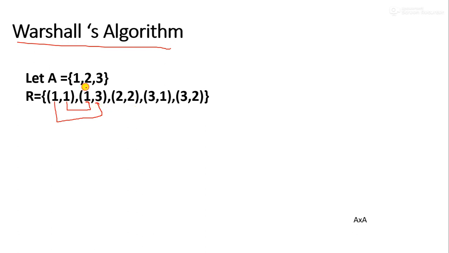So we have 1 and 3 here. In the other relation, 2 is common, so we must have 1 and 2. But here we don't have 1 and 2, therefore this relation is not a transitive relation. So we can identify this relation is not transitive, then we don't need to use the Warshall algorithm.